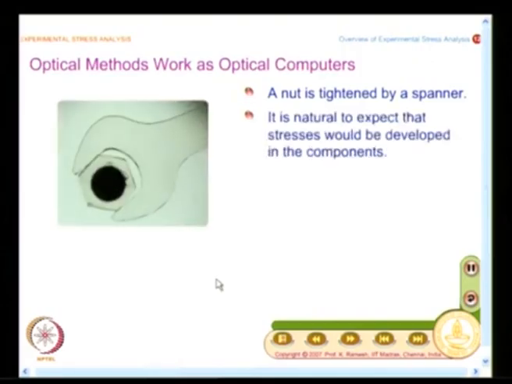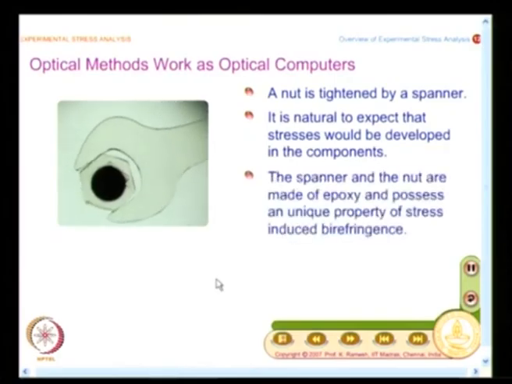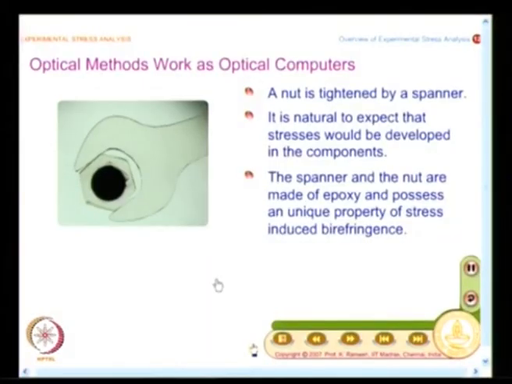And this is what we had seen physically. A nut was tightened by a spanner, and it is natural to expect that stresses would be developed in the components, and you do not see them, the difference between what I have shown in the previous live exercise and what you see on the screen right now.